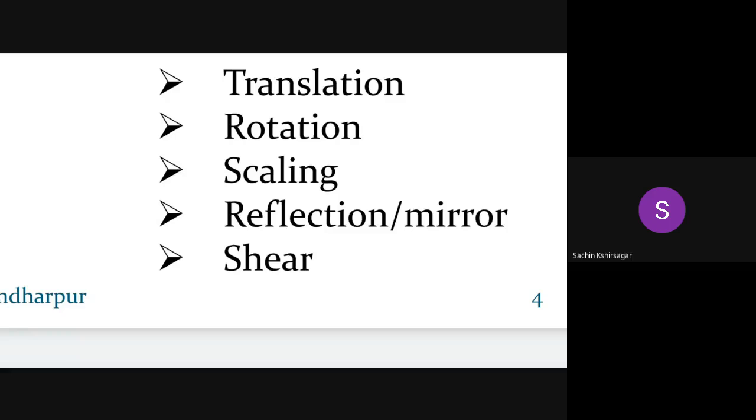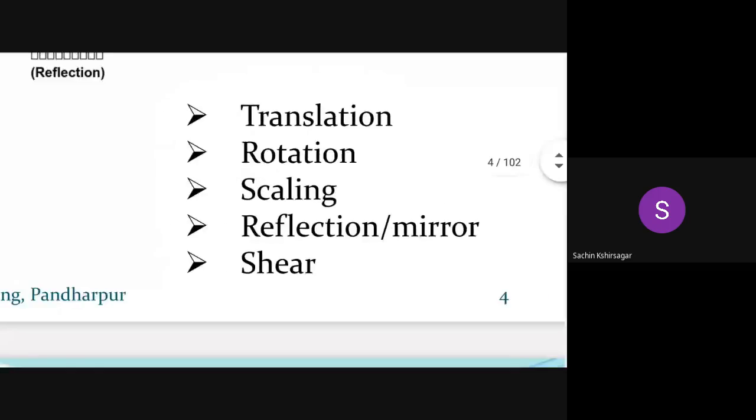Rotation is rotation about the origin or any point. Scaling gives extra dimension to the object. Reflection or mirror is to do a mirror operation of the previous image. Shear is also one of the transformation matrices. We already covered translation and rotation.